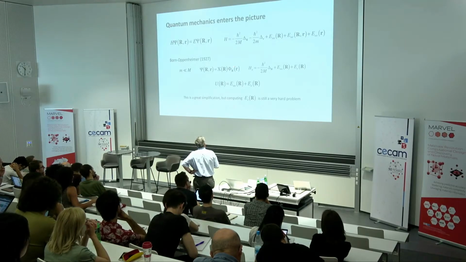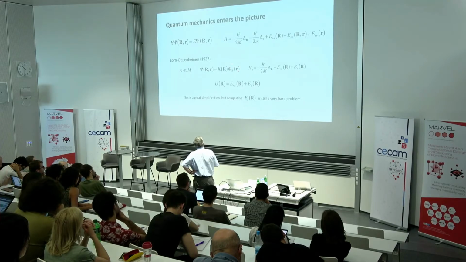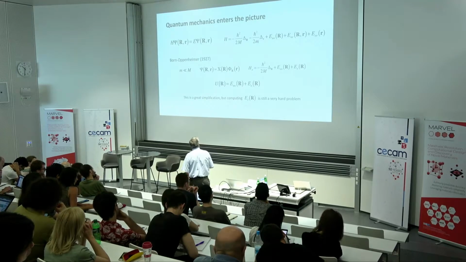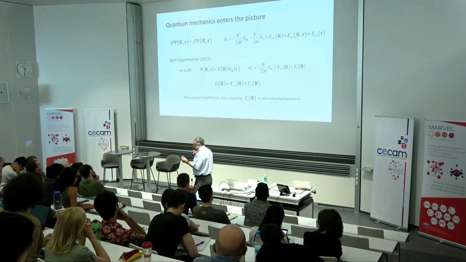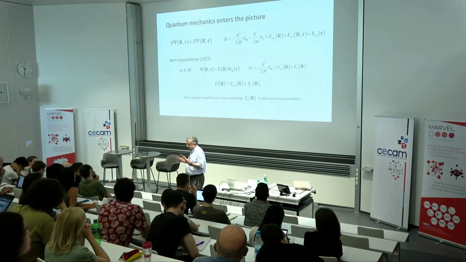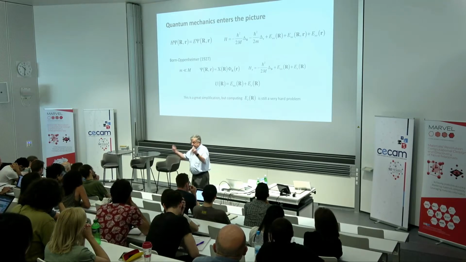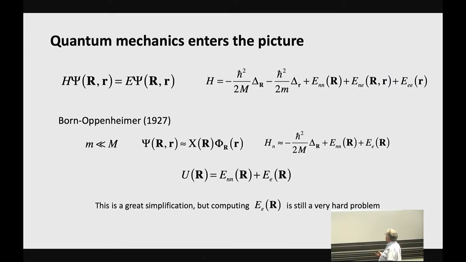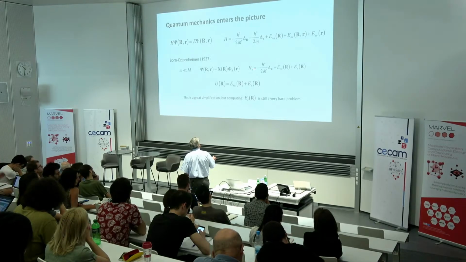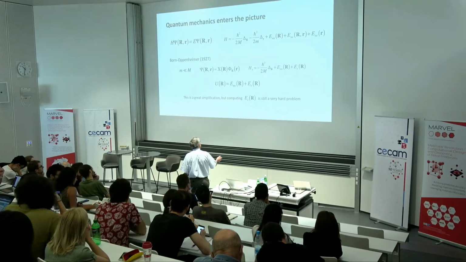And we solve the time-independent Schrödinger equation for this electronic configuration for a fixed nuclear structure, because in the first approximation, since the mass of the nuclei is so large, we take it to infinity and they are just fixed at static positions. By solving the electronic eigenvalue problem, we get this electronic energy, and then the nuclear Hamiltonian is very well approximated by this expression.